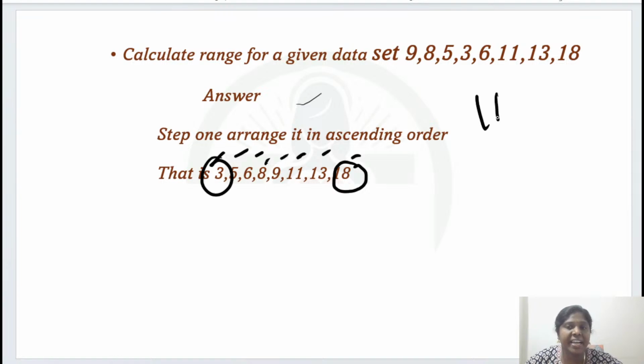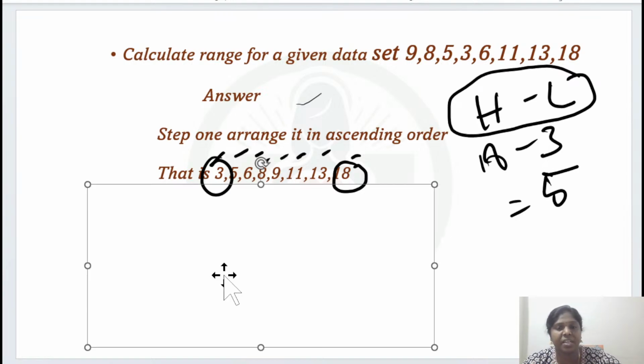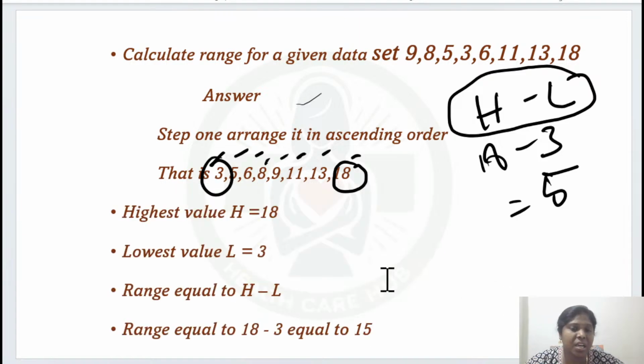So what should we do? Subtract the lowest from the highest, that is 18 minus 3. Which formula are we going to use here? Highest minus lowest.